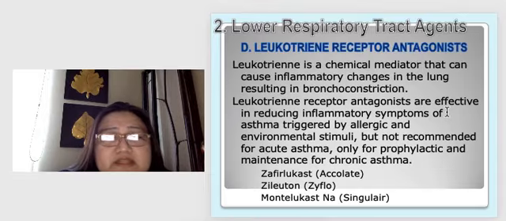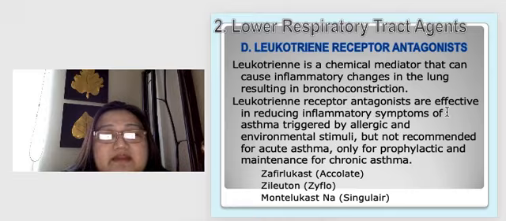The leukotriene receptor antagonists, on the other hand, act on a chemical mediator. It can cause inflammatory changes in the lungs, which causes bronchoconstriction. So if drugs antagonize these chemical mediators, effective ito para ma-reduce yung inflammatory symptoms ng asthma.